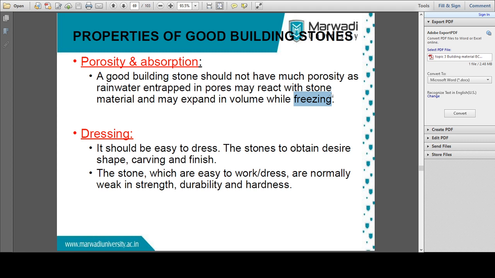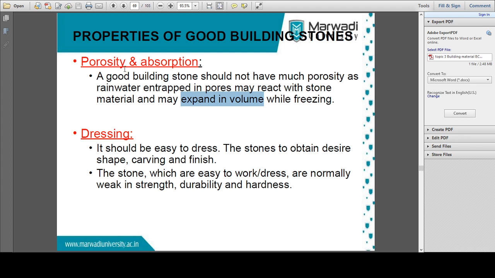If we boil water, it will convert into gas. If we lower the temperature of water, it will convert into solid, that is ice. So if water is already available in the porosity of stone, and we lower the temperature, then freezing will happen, and ultimately its volume will increase, and later on, if the volume increases, there are chances of cracks happening on this stone.